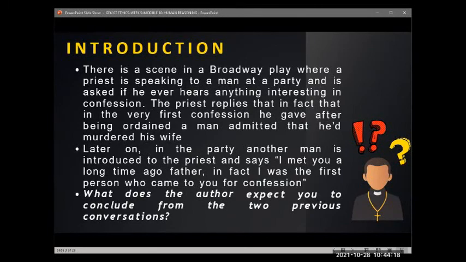Later on in the party, another man is introduced to the priest and says, "I met you a long time ago, Father. In fact, I was the first person who came to you for confession." What does the author expect you to conclude from the two previous conversations?